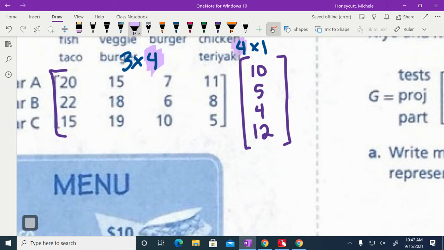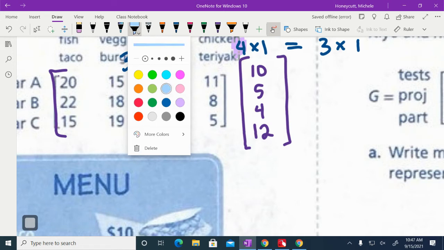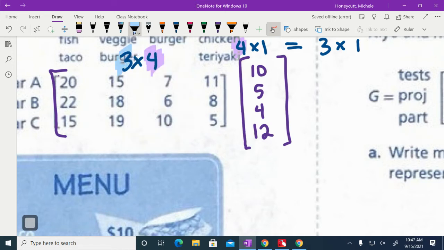They match. And I'm going to end up with what, Delaney? A 3 by 1. Because the outside parts are 3 by 1, I end up with a matrix that has 3 rows and 1 column.